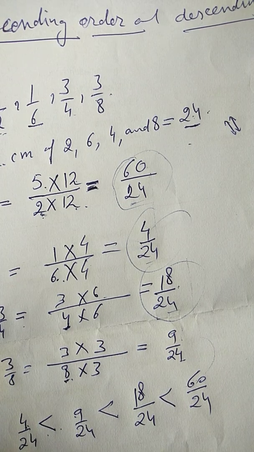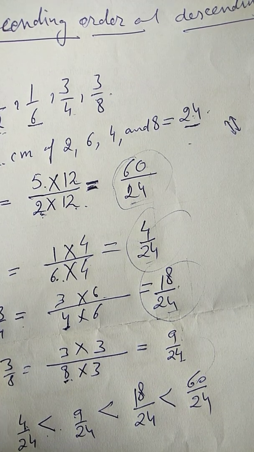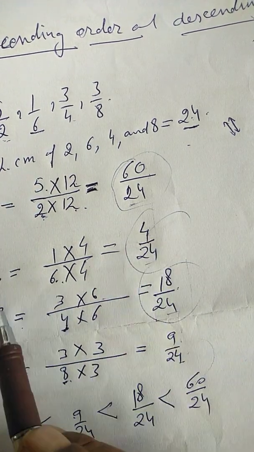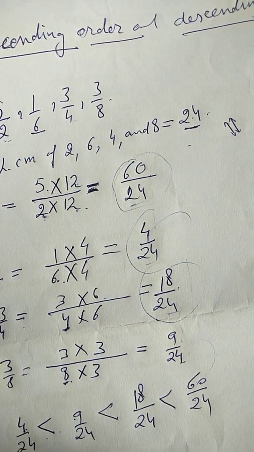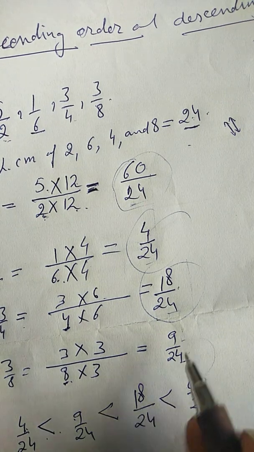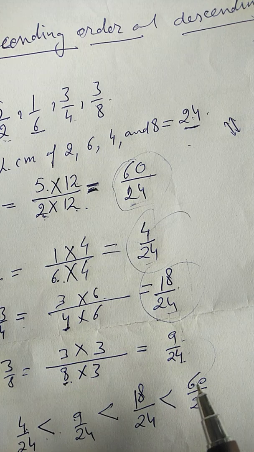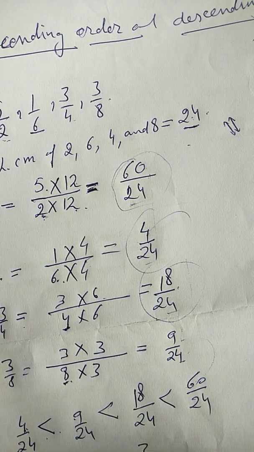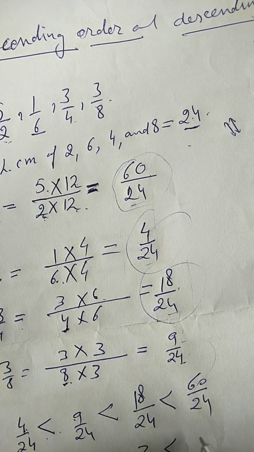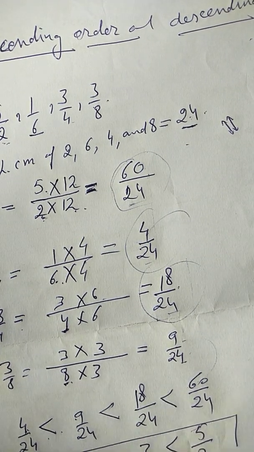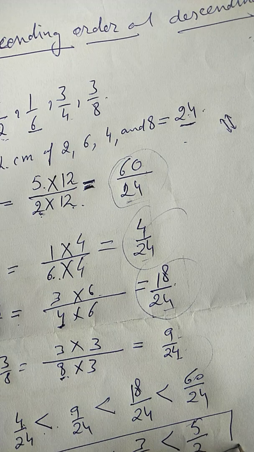So therefore you can say that your ascending order will be: 4 upon 24, whose fraction is this one? 1 upon 6. So 1 upon 6 is less than 3 upon 8, is less than 3 upon 4, is less than 5 upon 2.